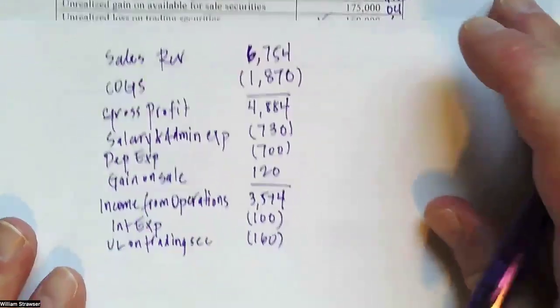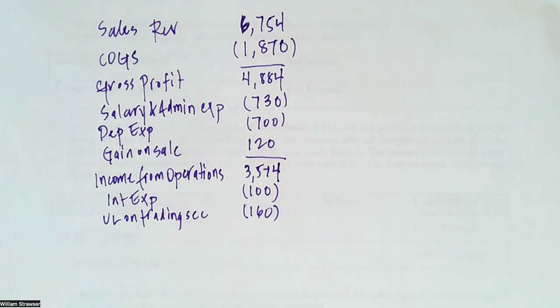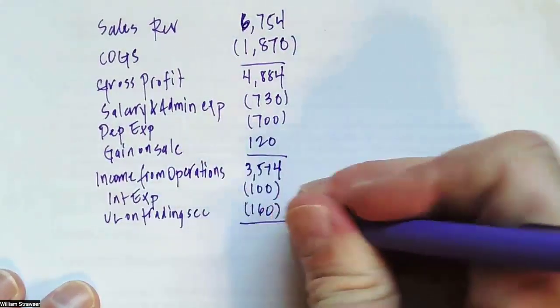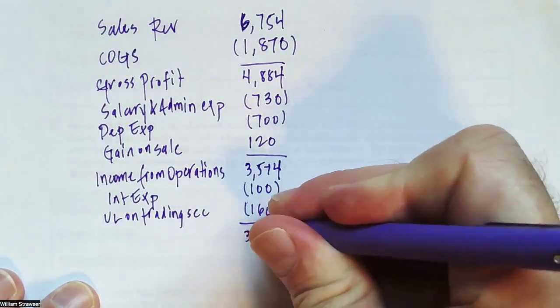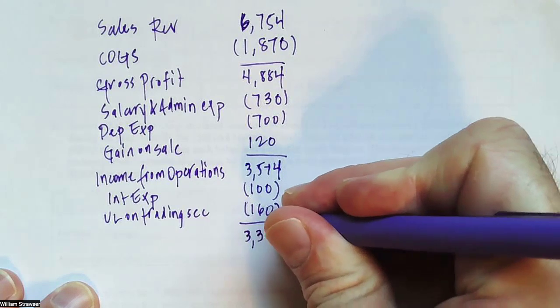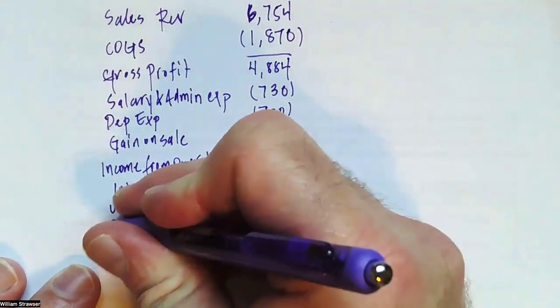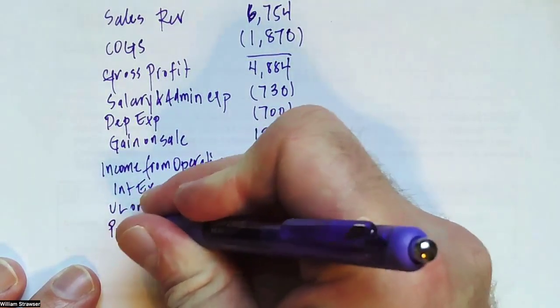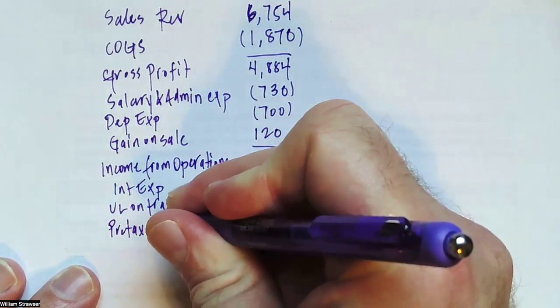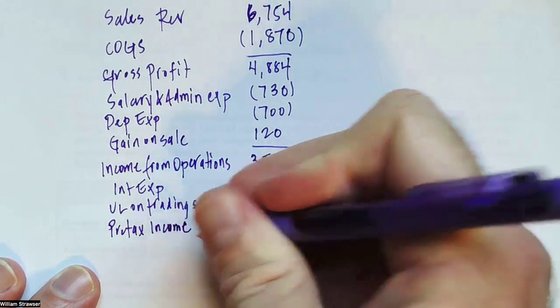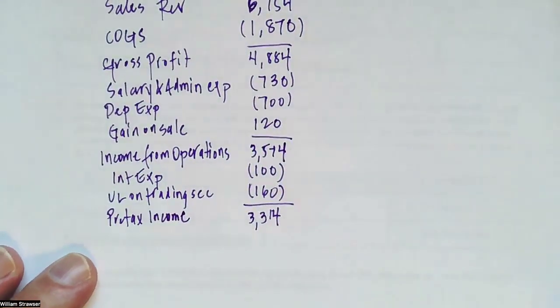So then we take that income from operations, subtract off the two items that we just identified. That gets me to 3,314,000, but again, dropping the zeros. This is my pre-tax income. Now that we've had all the operating and non-operating items, that gives me pre-tax.